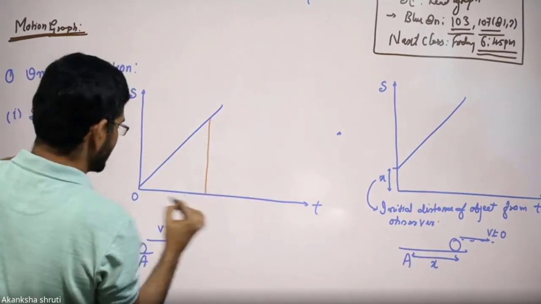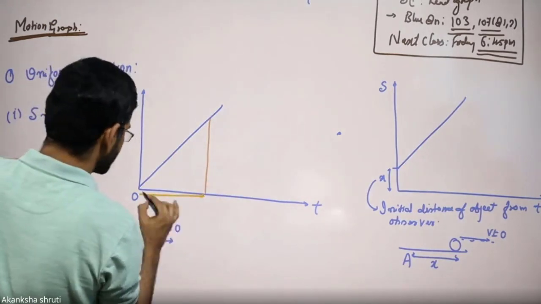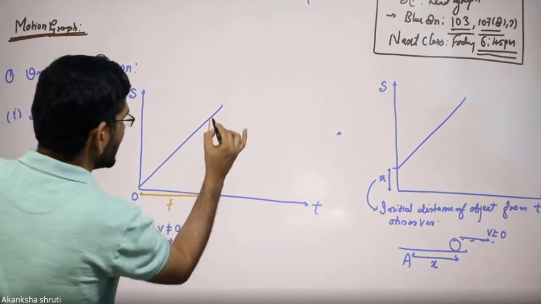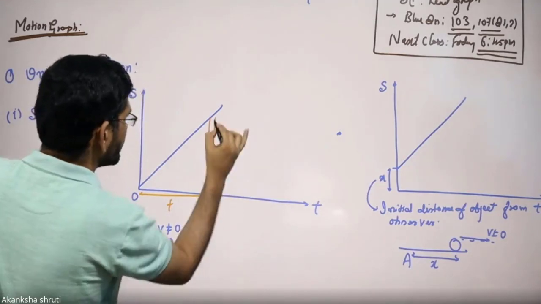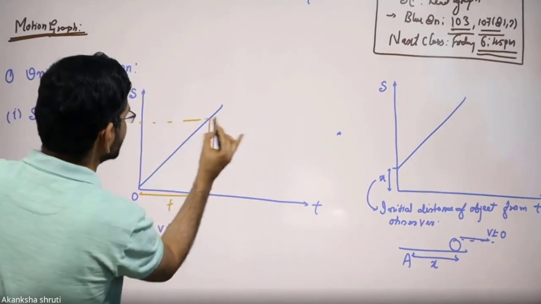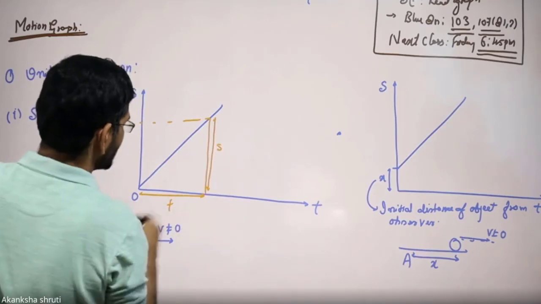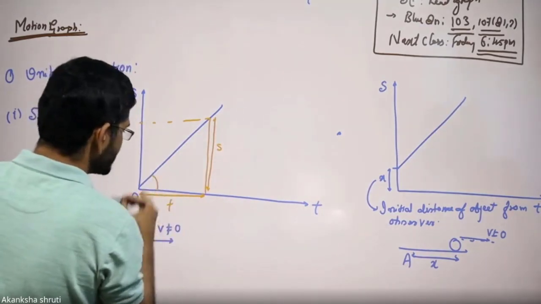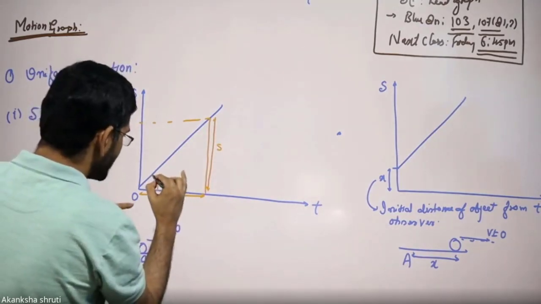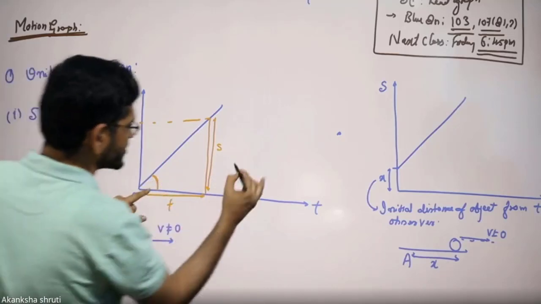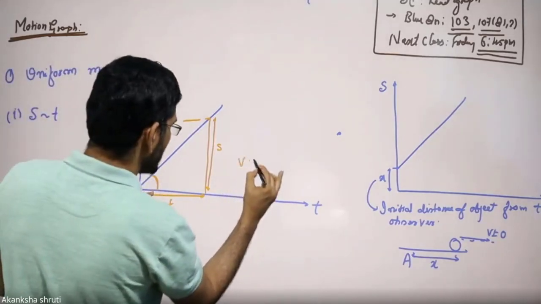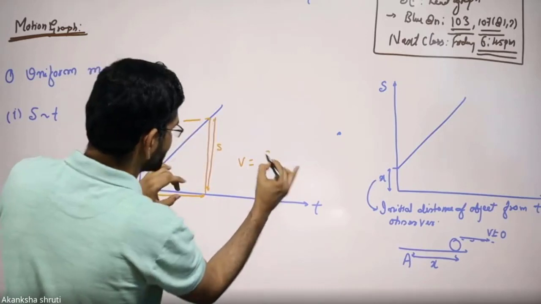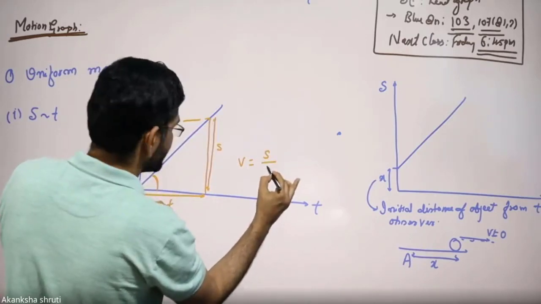Means if I take this much as the time t, and this is the distance that we have considered, say s, then the velocity is obtained from this angle, or tan of this theta. So the velocity obtained is s by t here.